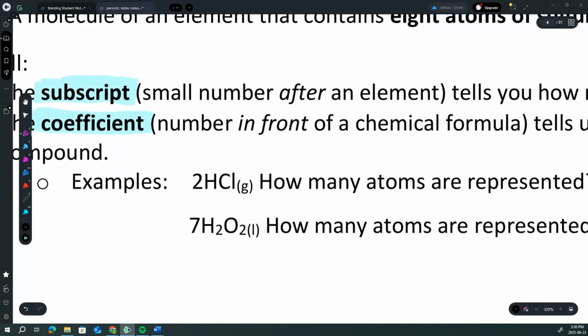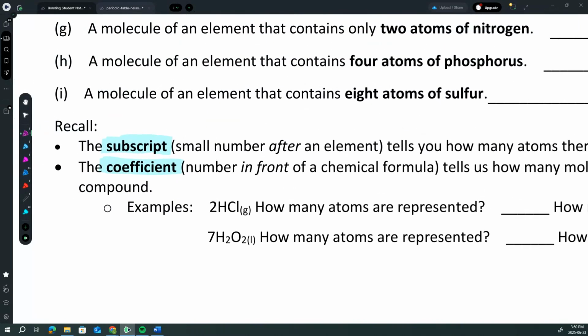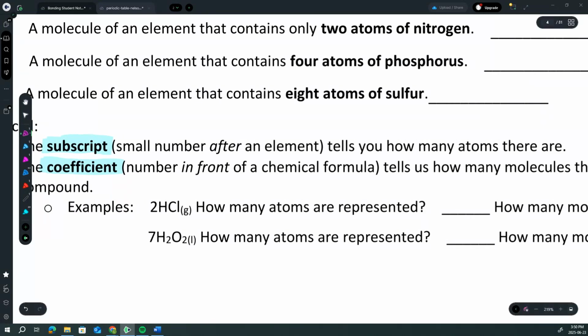So, for example, we have 2 HCl. So if we're looking here, and we just temporarily ignore this 2, we have 1 hydrogen and 1 chlorine atom.